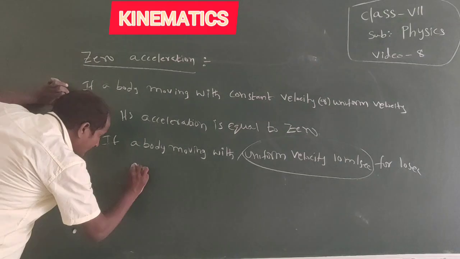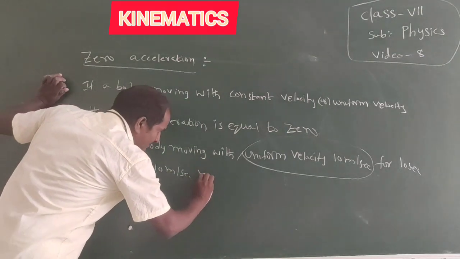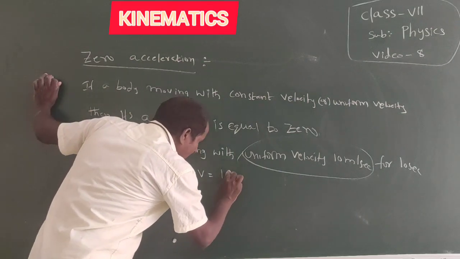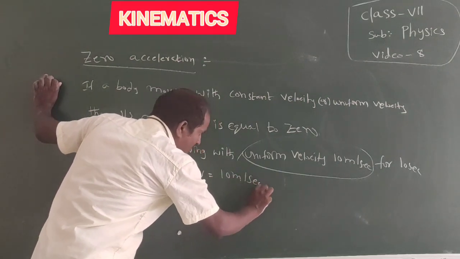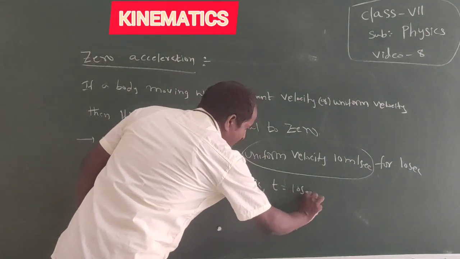So initial velocity u equal to 10 meter per second, final velocity v equal to 10 meter per second, and t equal to 10 seconds.